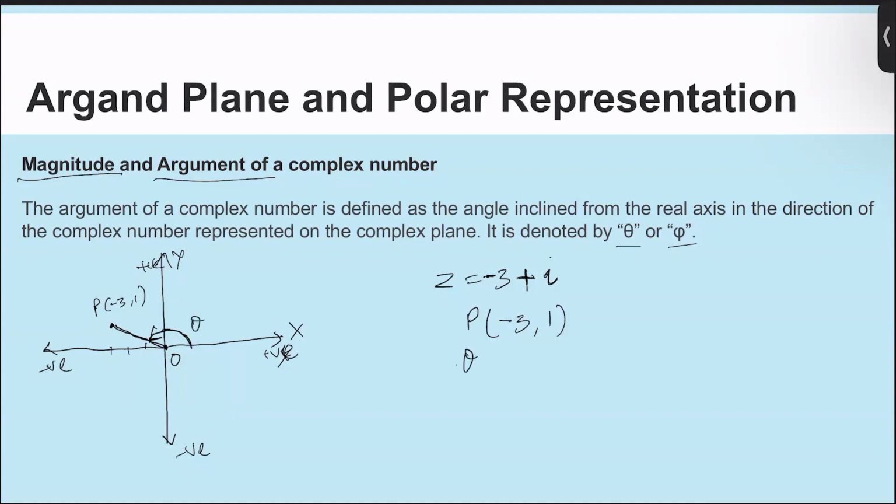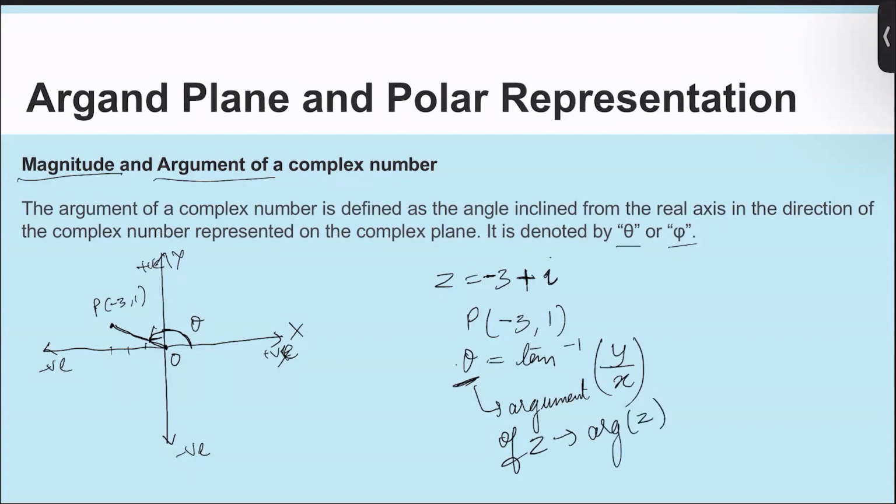So this is your theta, and theta can be given as tan inverse of y by x. This theta is actually the argument of z, or it is also written as arg z. So this is your argument.